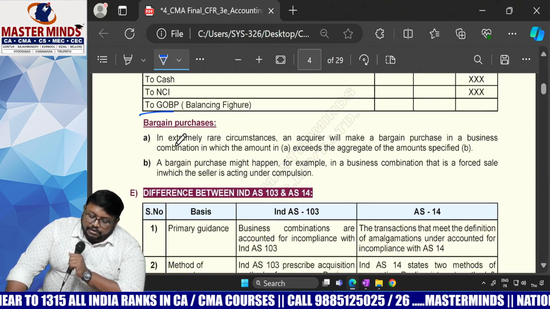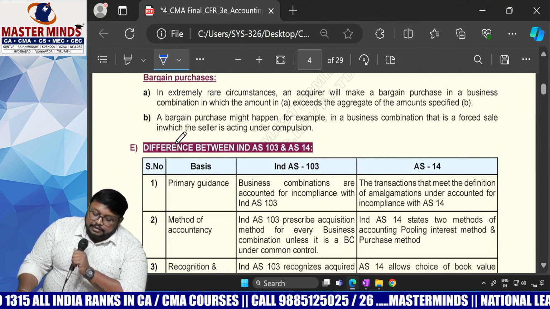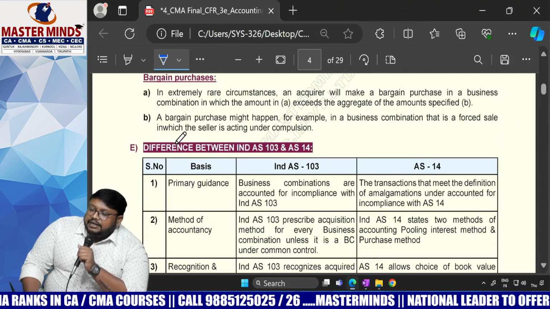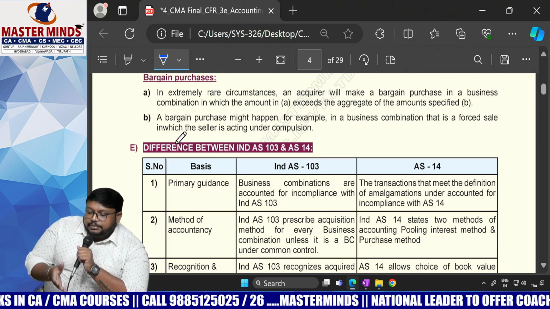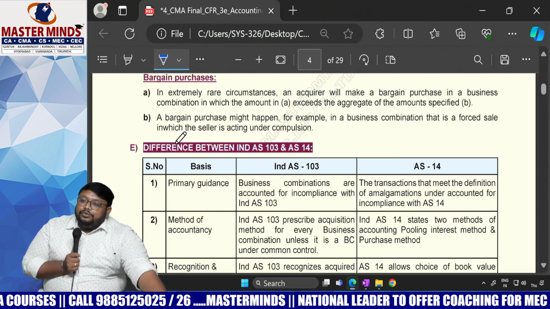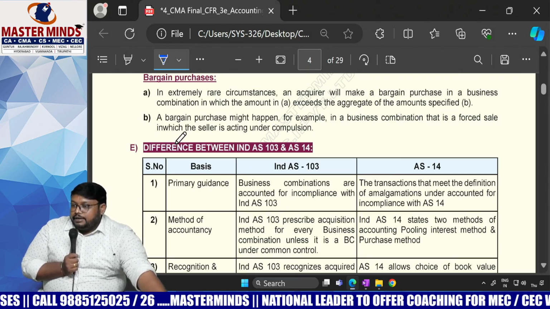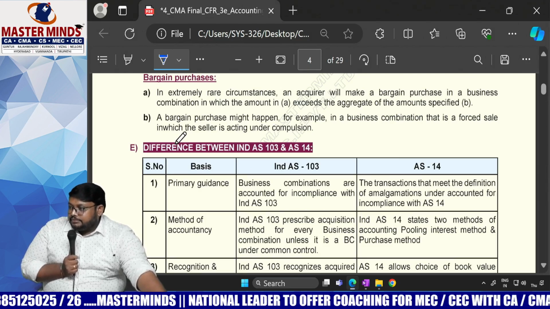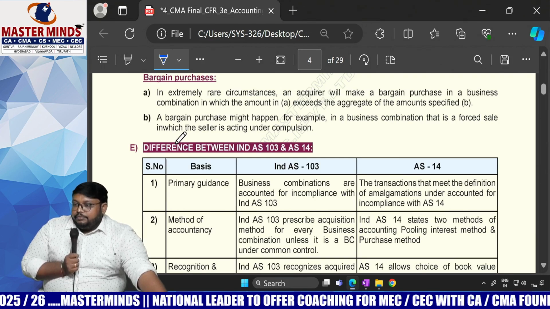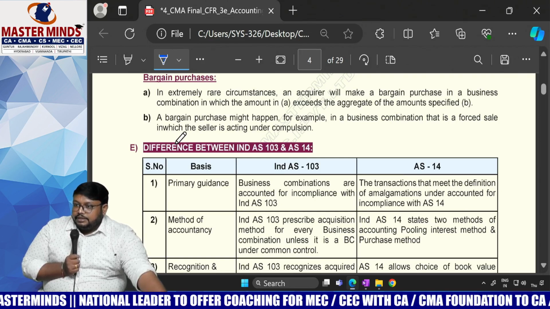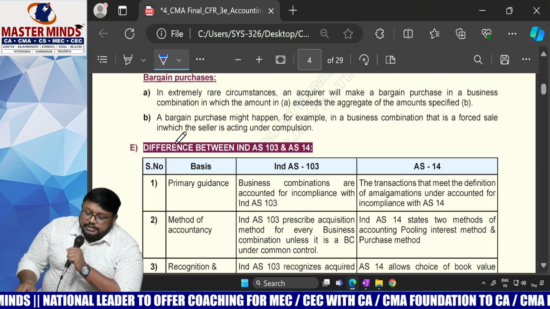The entry we can see later on. Now, bargain purchase generally happens in very rare cases, but from the examination point of view we will get every case. Gain on bargain purchase, generally who will pay? For example, who will sell 500 lakhs worth of business for 400 lakhs? Either they should be under compulsion, whatever the reason might be.